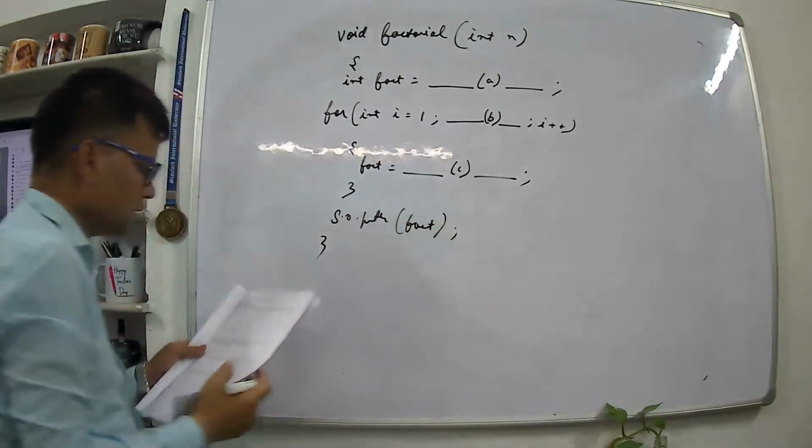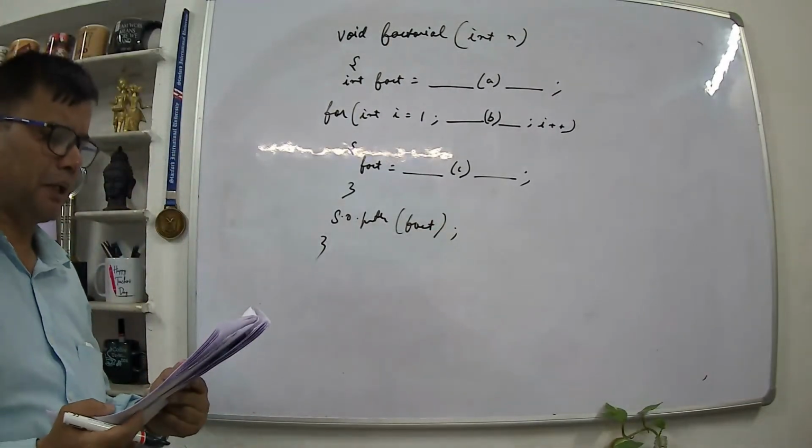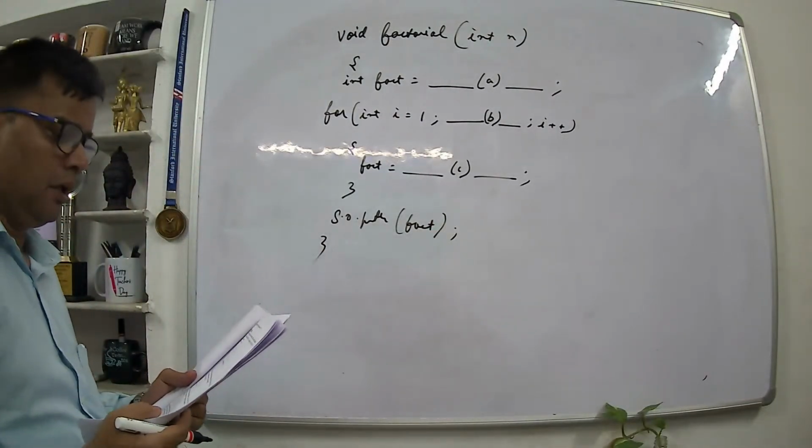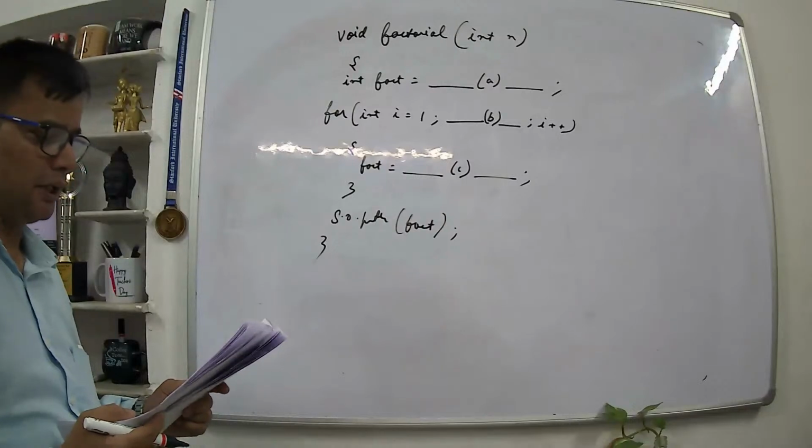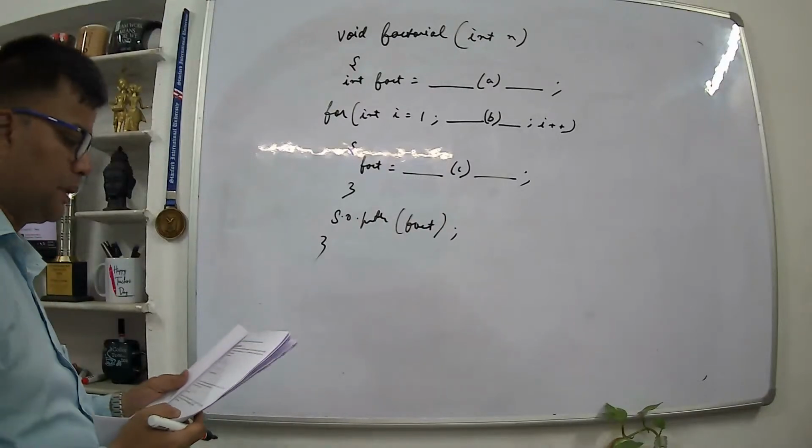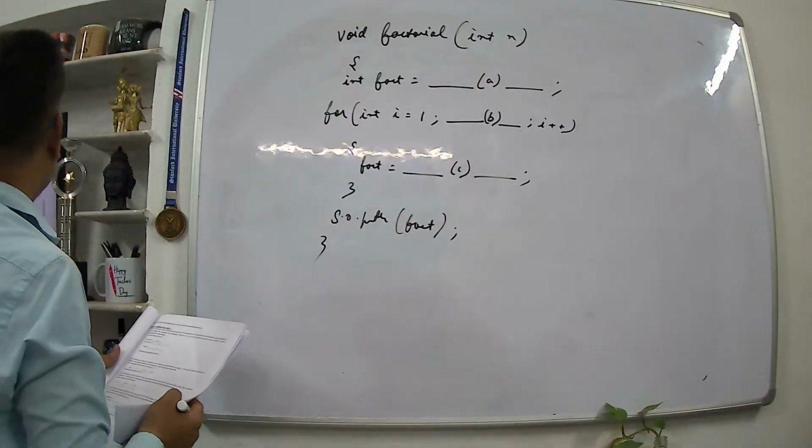Now the question says the following code finds the factorial of a number n. A factorial is calculated by finding the product of numbers from 1 to n. Complete the given code below with the appropriate statements.